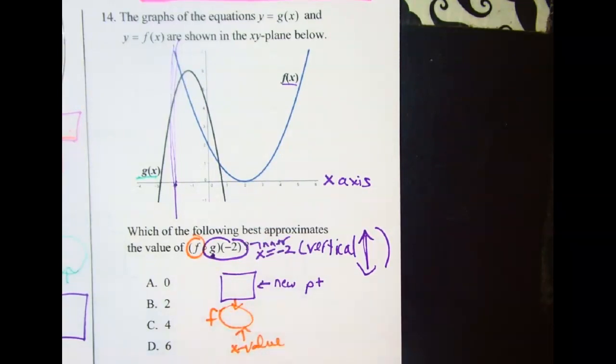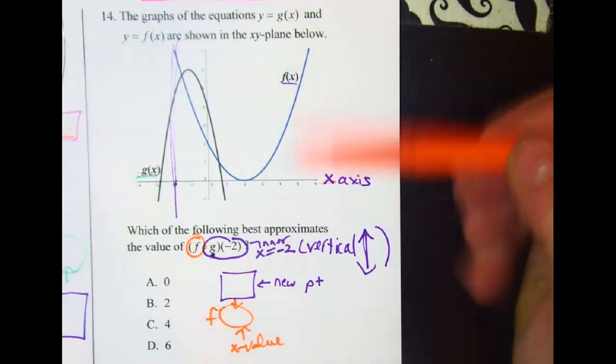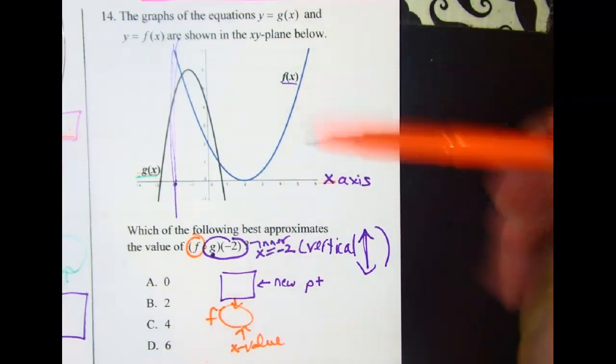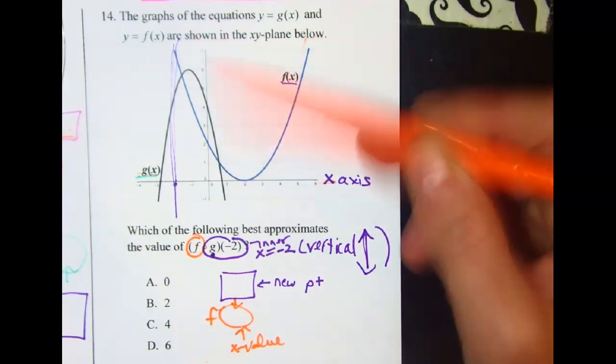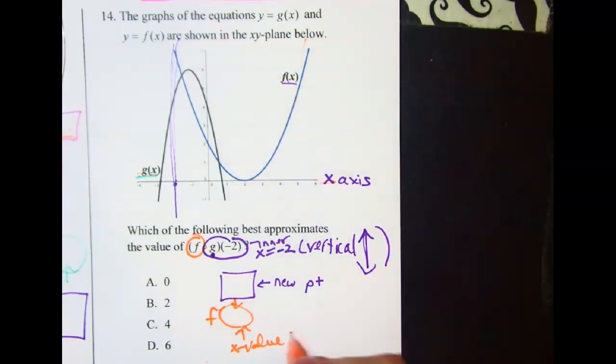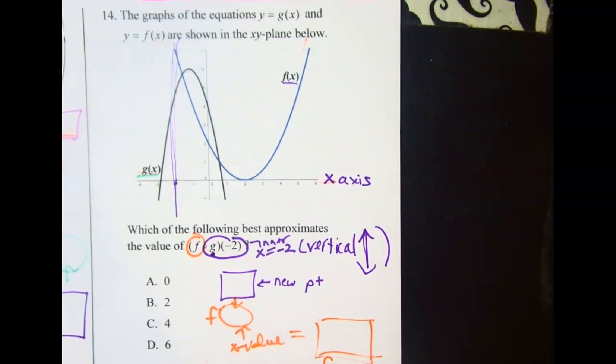Whatever that new point is, you go to the x-axis, draw another vertical line up and down, and tell me where it hits the F, or the blue line, and that's your final answer, okay? If you need to listen to me say that again and work through it, please do so.